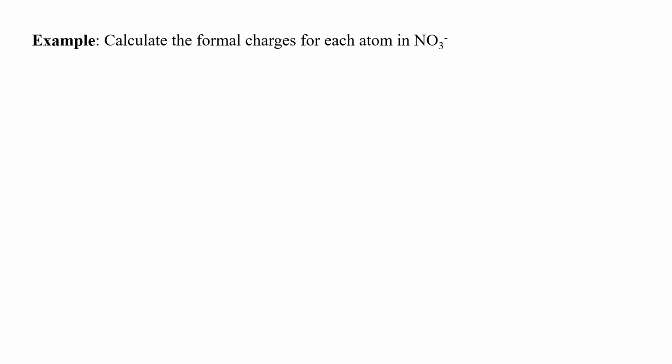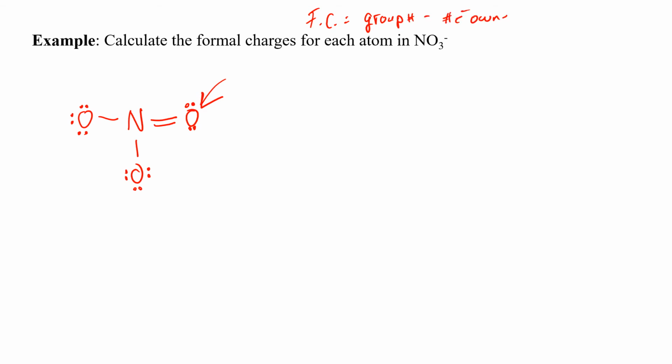Let's calculate all the formal charges for the nitrate ion. Well, we know that nitrate looks like this. Okay, let's start with this oxygen. That's maybe the hardest one. Remember, the formal charge equals the group number, or the number of valence electrons, minus the number of electrons owned.